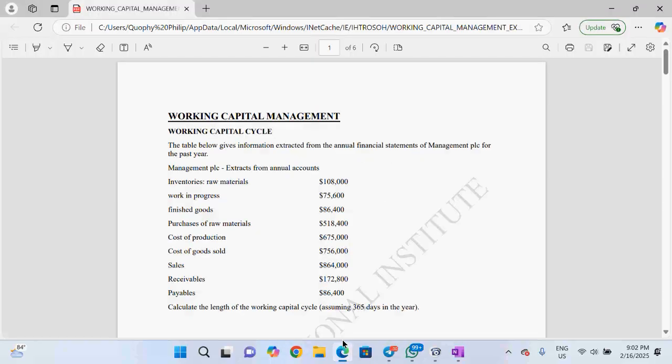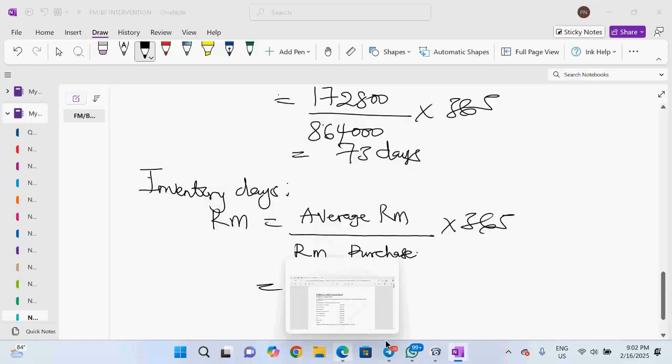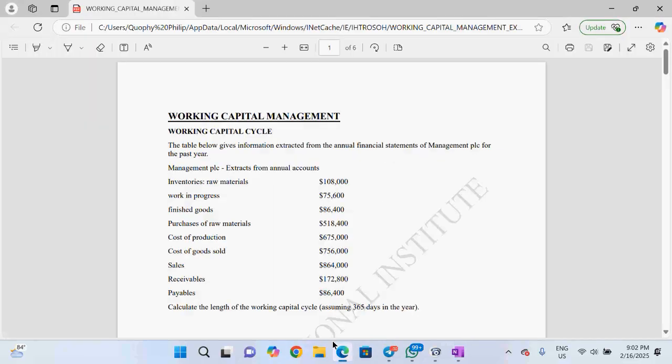So what is our average raw material inventory? Raw materials is 108,000. And the raw materials purchase? Purchases of raw materials is 518,400.